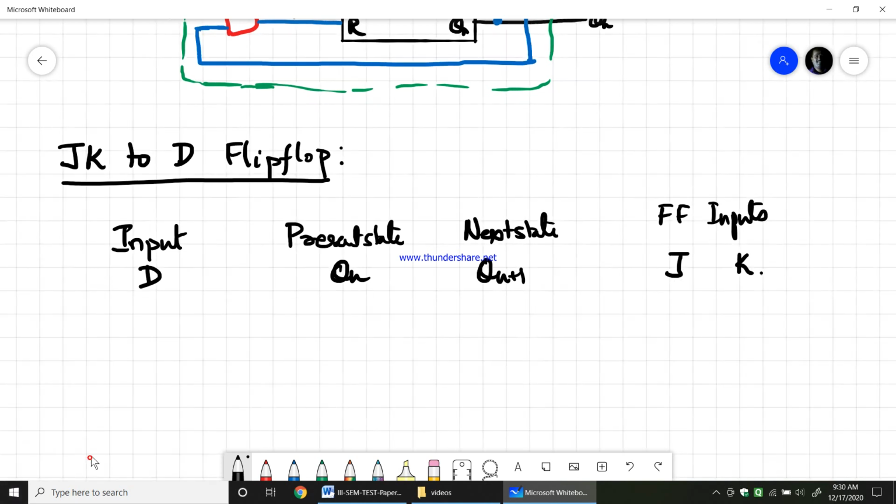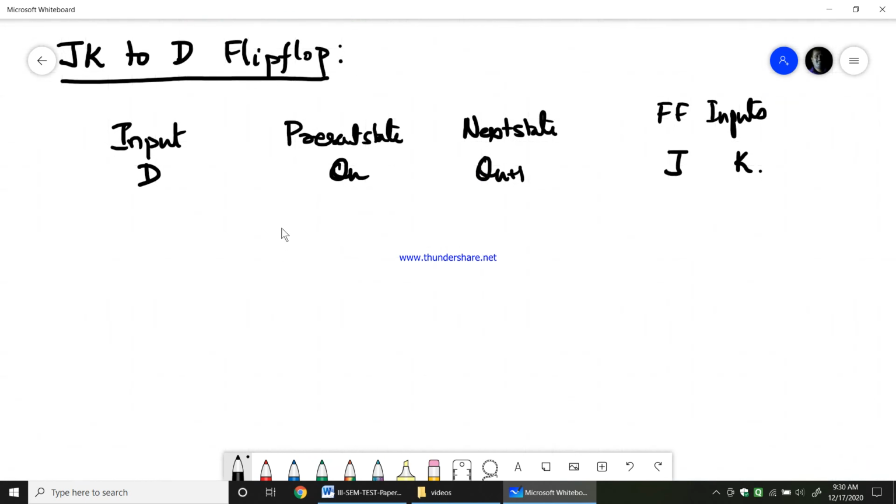Okay, so input D will take only 4 combination values, right? 0 0 1 1. So when D is 0, the present state and next state in the excitation table would be 0 0. Again, when D is 0 and present state is 1, the next state is also 0. Now the present state is 0, next state is 1 when D is 1.